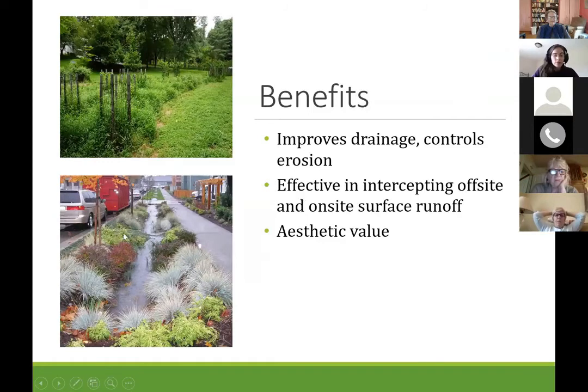Benefits of them: improving drainage, aesthetic value. This is kind of a green street solution here that's highly visible and landscaped. This one might even be intercepting, there's some curb cuts here that might be taking some of that runoff from the street.